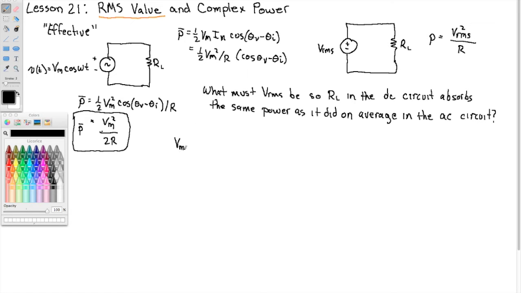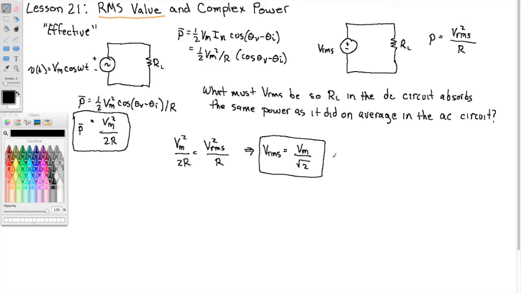We get Vm squared over 2R equals V Rms squared over R. The R's cancel, and I can take the square root, keeping just the positive square root, and I get that V Rms is the amplitude of the AC wave divided by the square root of 2.